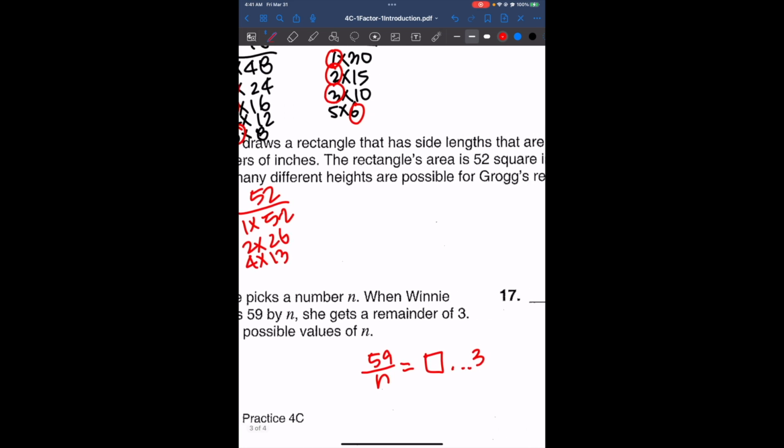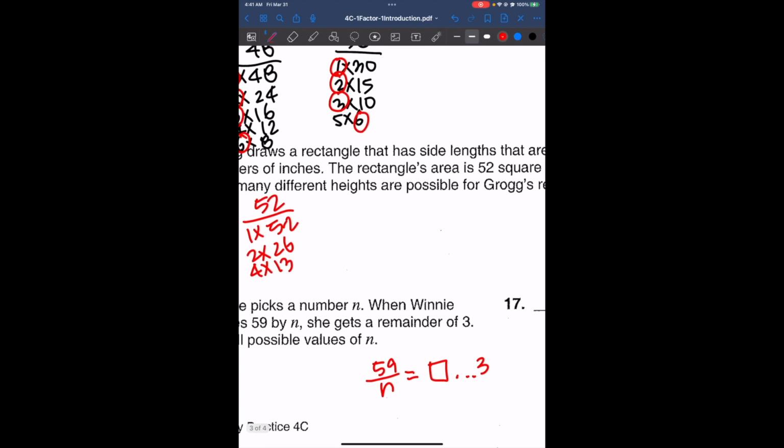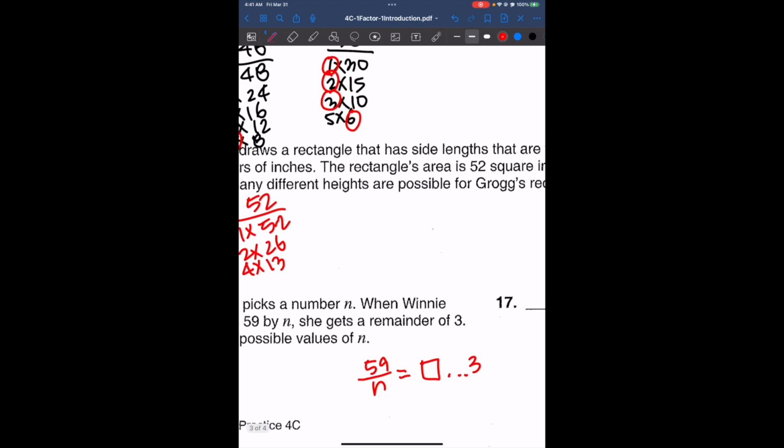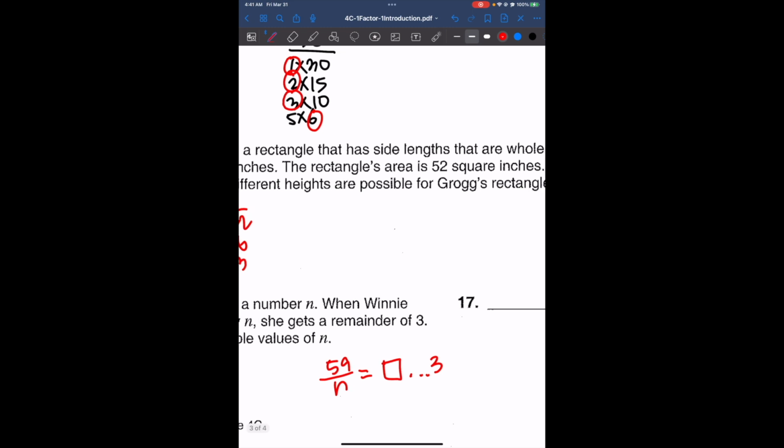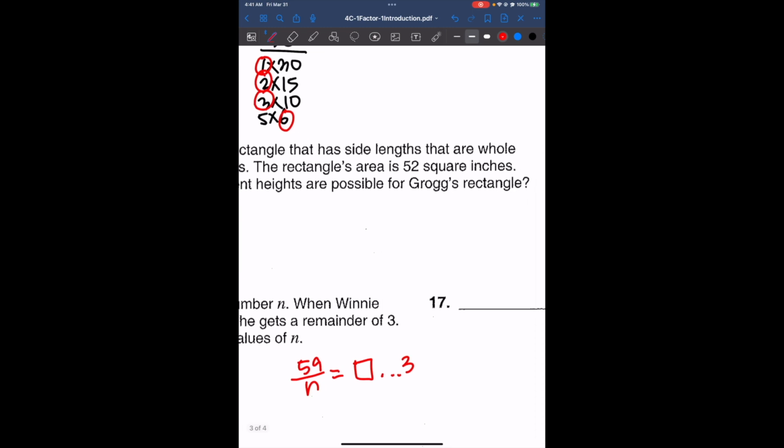And so what we can do is, since 59 divided by n has a remainder of 3, we know that n must divide 59 minus 3, right? Without the remainder. So without the remainder, it's going to be 56.